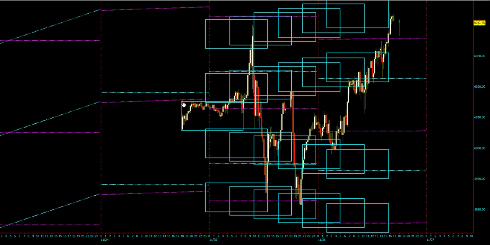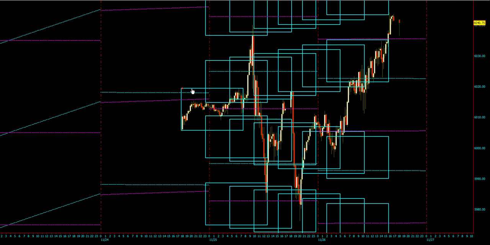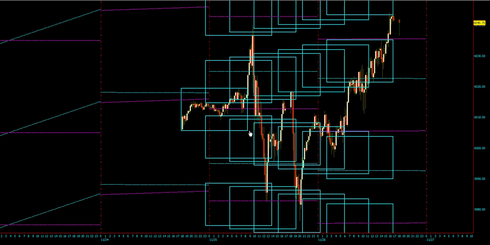Now you might say, hey, this whole thing is a square. This whole thing is a sideways action, and then it broke out from here. Somebody can make that argument right here. Still went to the square.